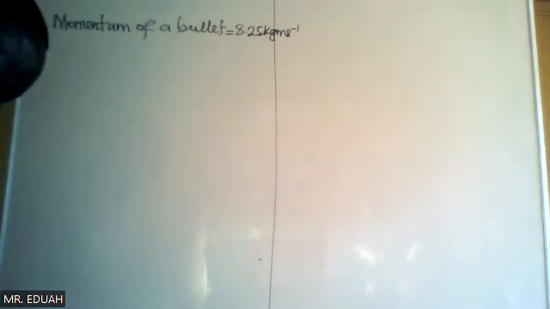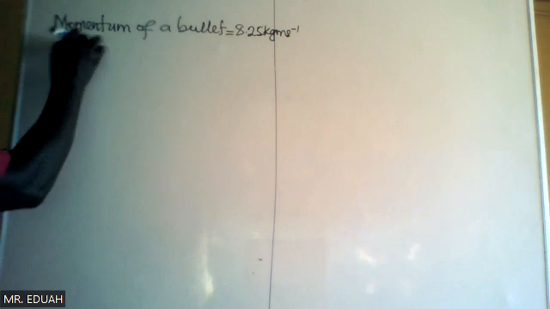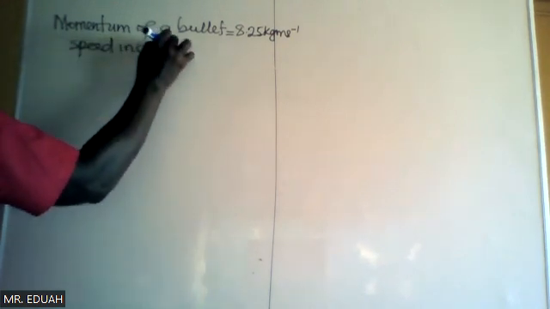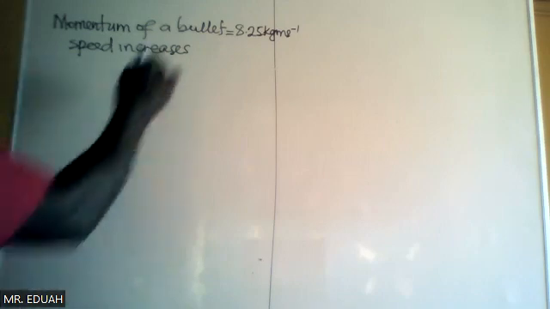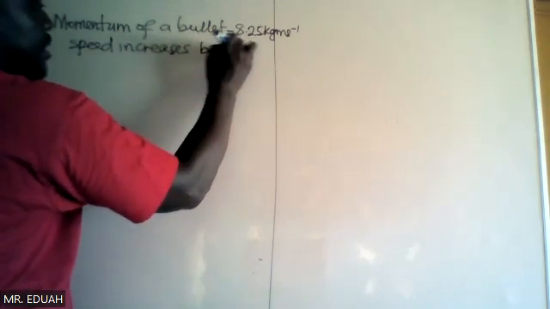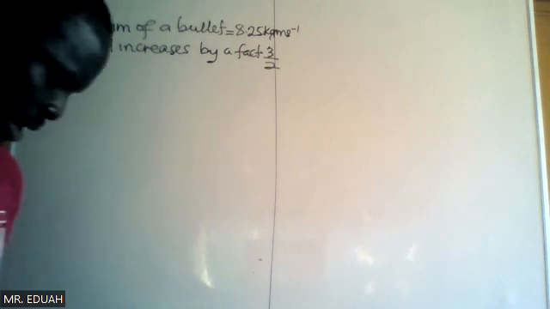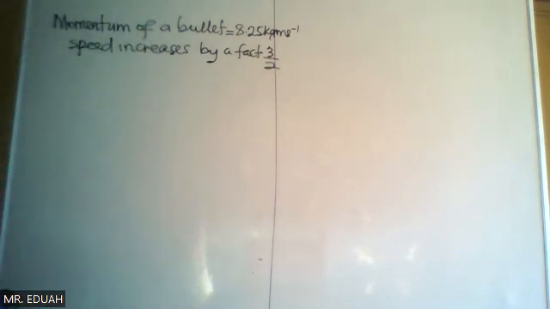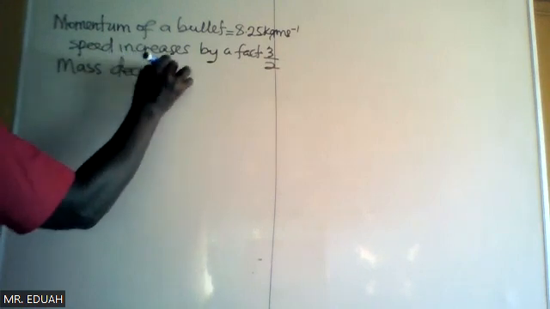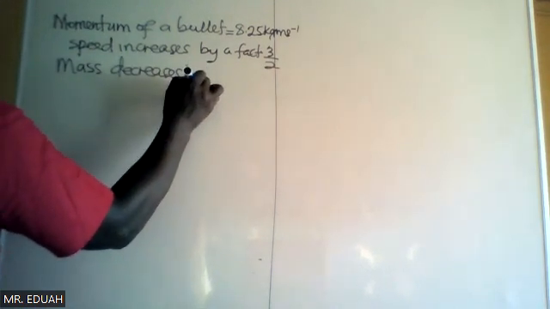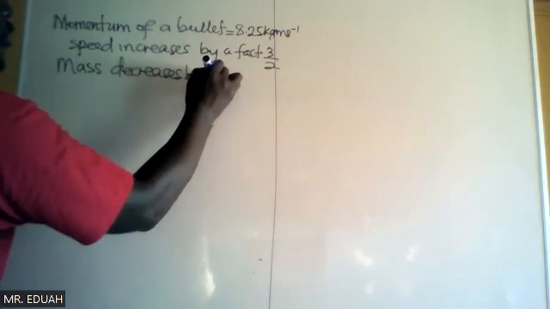What is the momentum if the speed of the bullet increases by a factor of 3/2, and its mass decreases by a factor of 3/4?